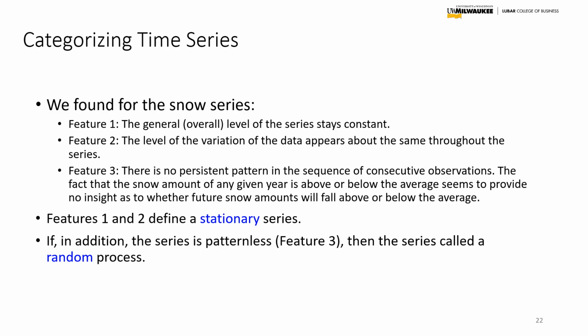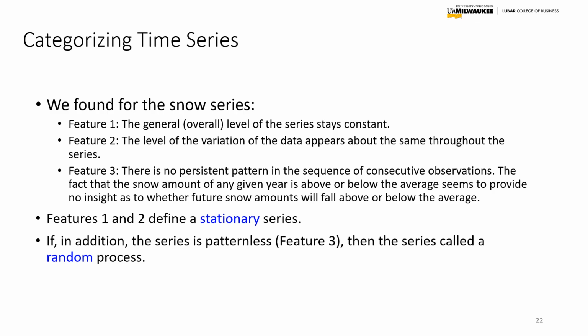This snow series gave us a nice example of experiencing a time series process. And this snow series had a few features to it. Feature 1, the general overall level of the series stayed constant over time, over that 100+ year span. Feature 2, the level of variation of the data appears to be about the same throughout the series. If you go back and look at the time series plot, the data are not funneling.